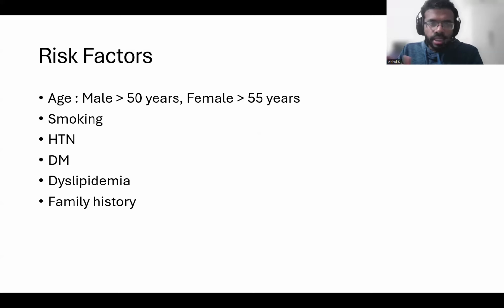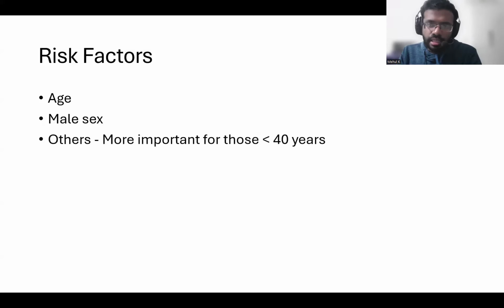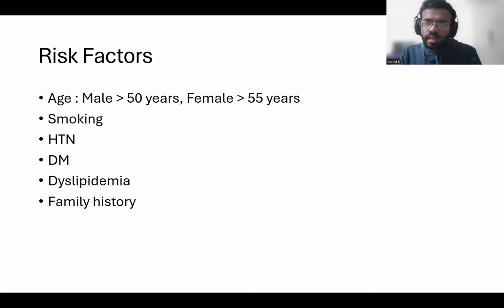So these things are very good for diagnosing coronary artery disease in the OPD and all, the Framingham heart study, etc. But in a patient presenting acutely to the emergency department, they don't make much of a difference, I should say, to whether the patient is at risk for an acute MI or not. Unless the patient is less than 40 years of age, because a 35-year-old with these risk factors is going to be at much higher risk compared to a 35-year-old with absolutely no risk factors.